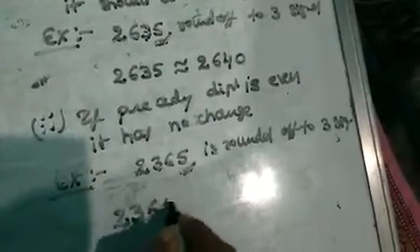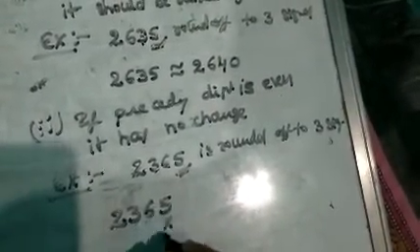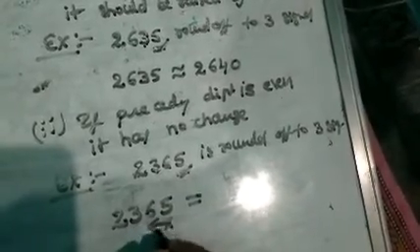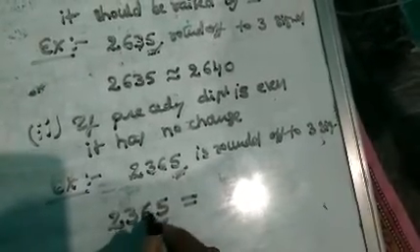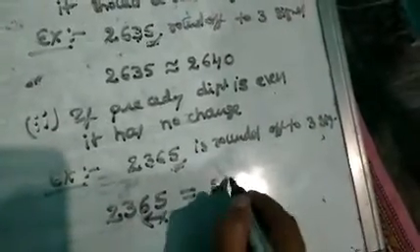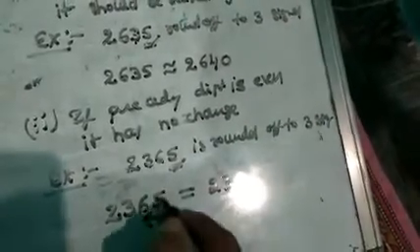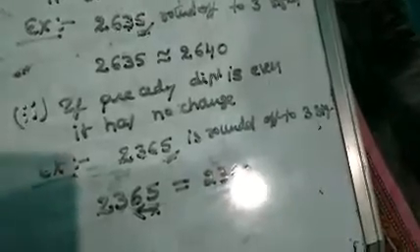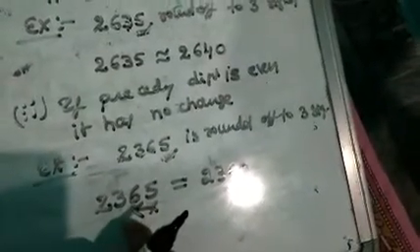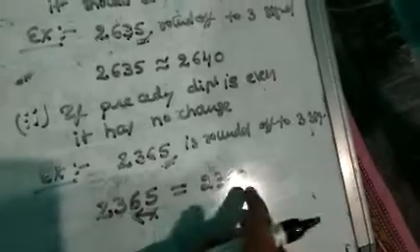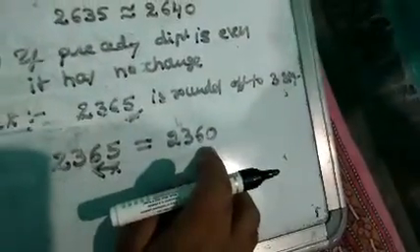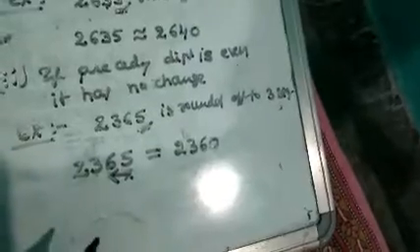The preceding is even. Check it: 6 is an even number. So what do you have to do? No change: 2, 3, 6. What do you have to write? You have to write 0. So the digit to be dropped is 5, preceding is even, so no change. Just leave it: 2, 3, 6, 0. The 0 must be there. So this is the rounding off.